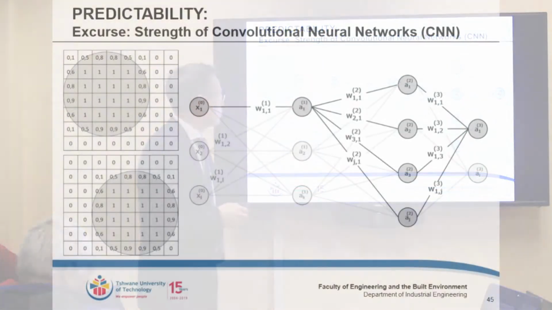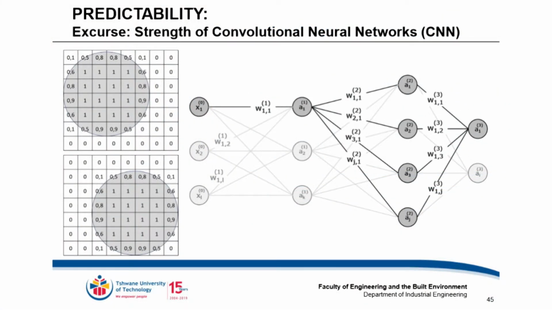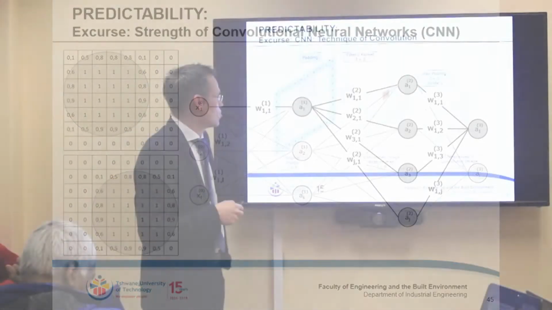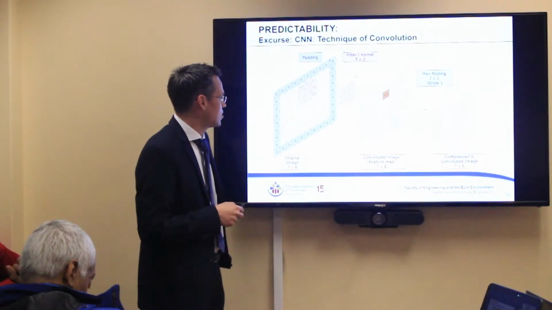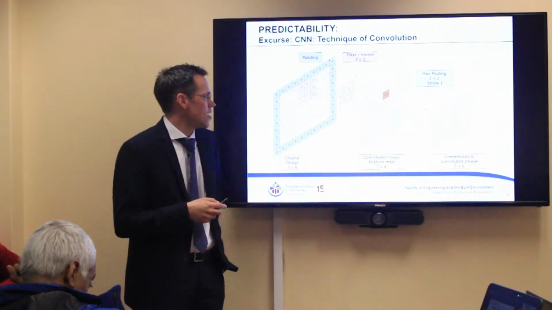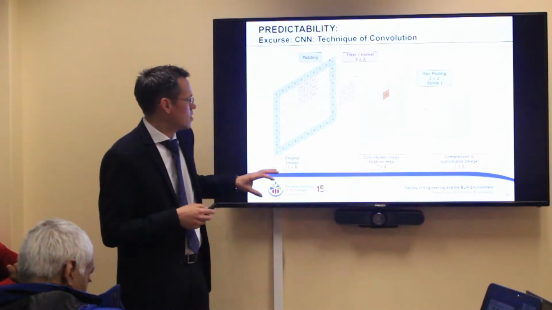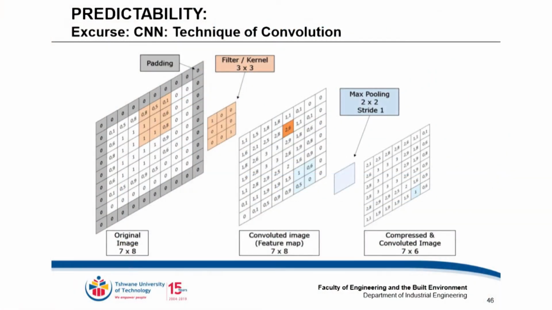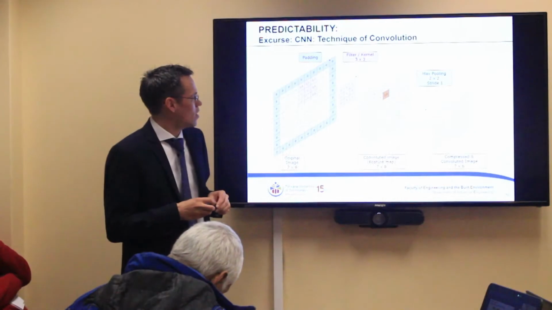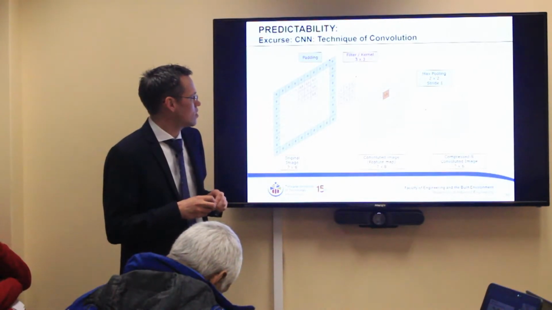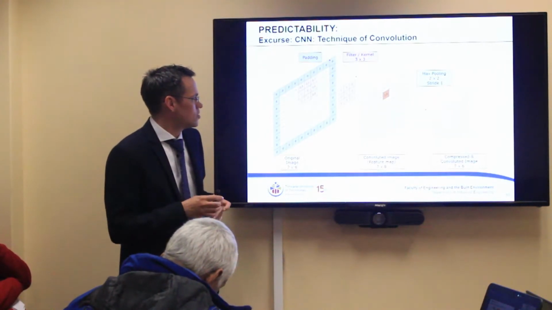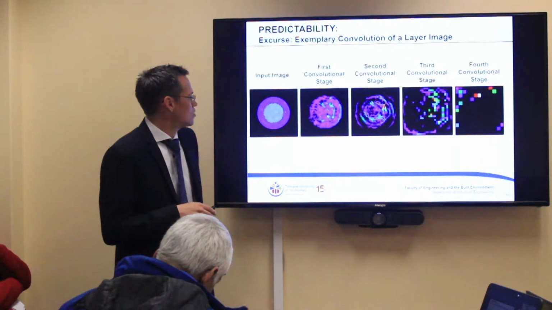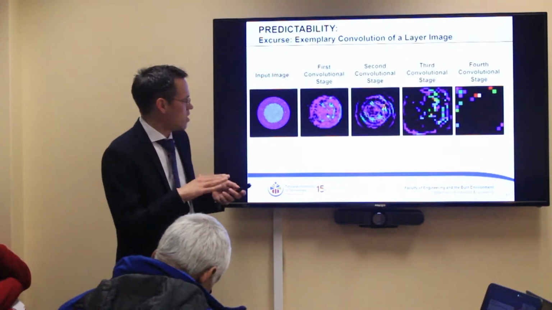Convolutional neural networks, well, I will skip over this due to time, use convolutional techniques. Convolution is a method of filtering the input image to significant features. Here I show you how a convolution of a layer image looks.